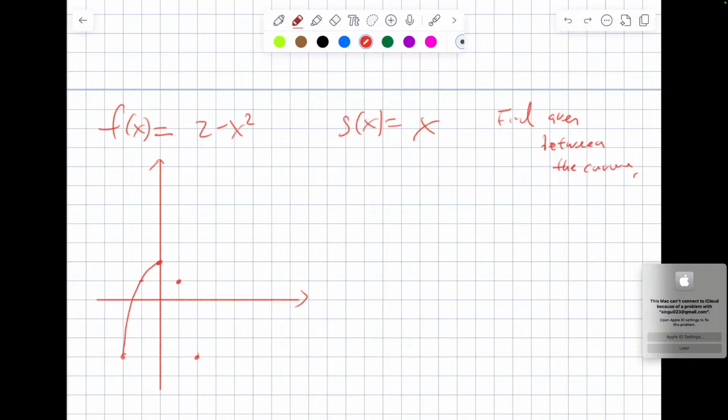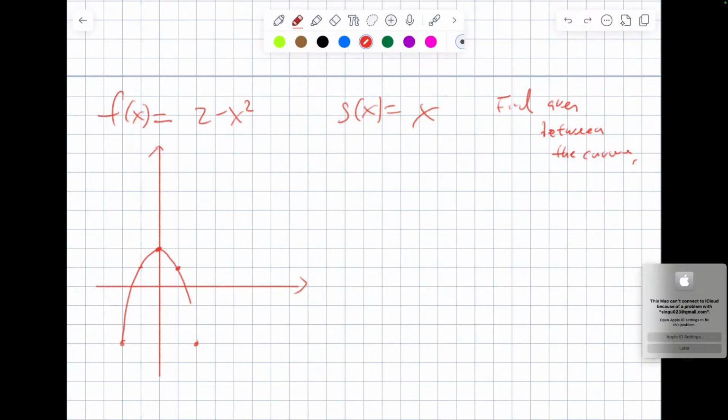If you graph correctly, it should look like this. And x should look like this. Oops, this is wrong. This point is right. If you graph correctly, it should look like this.